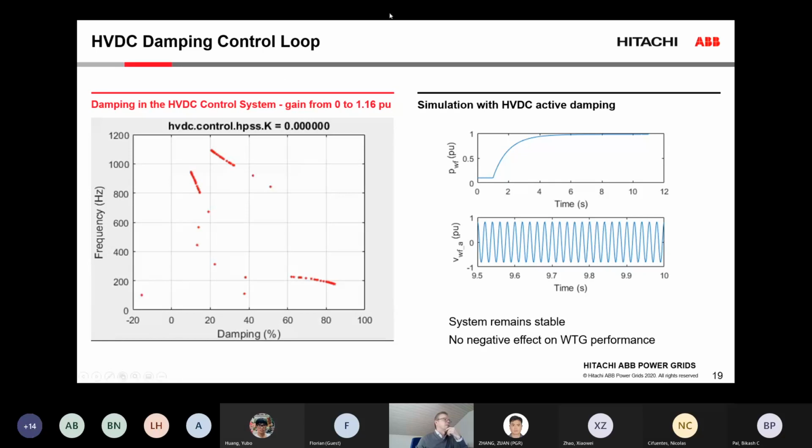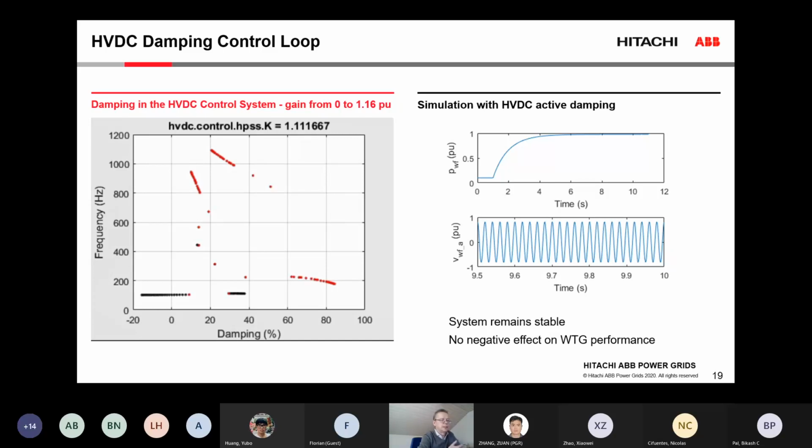Starting from zero gain of that compensator, we start with the original unstable operating conditions, and we have designed a gain where we would reach our target 50% damping.